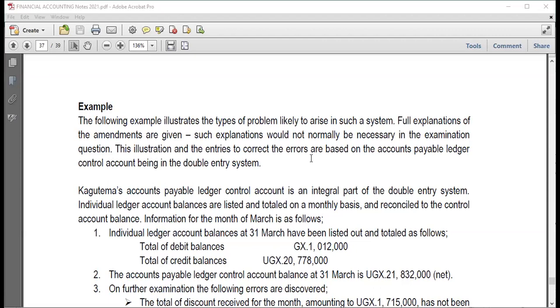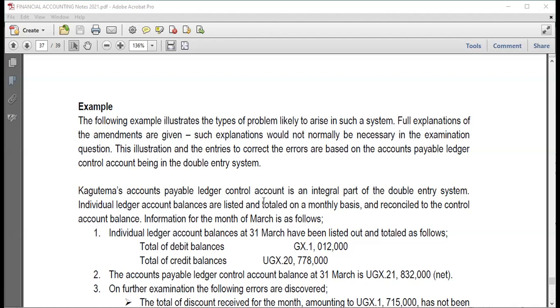Okay. This illustration and the entries to correct errors are based on the accounts payable ledger control account being in the double entry system. So we have a question here which says that Kagutema's accounts payable control account is an integral part of the double entry system.